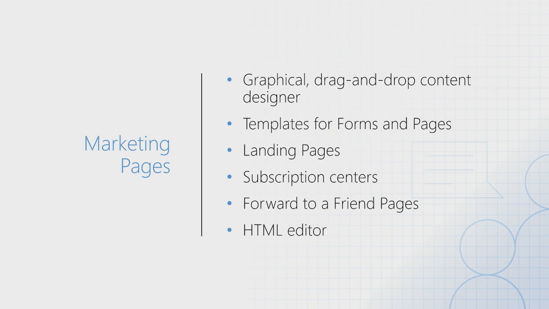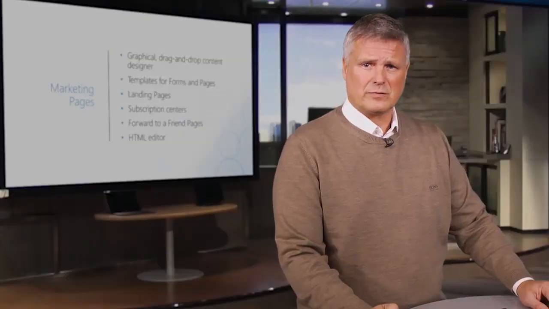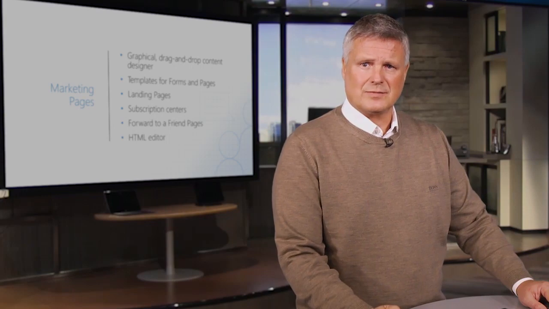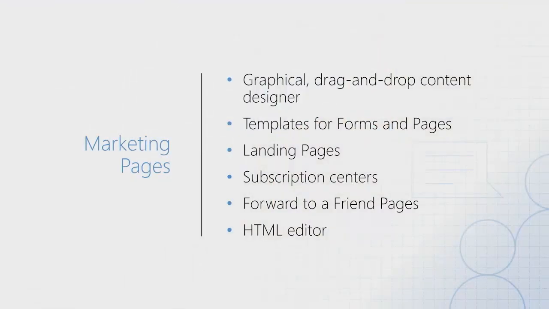There's also subscription centers, so you can expose the marketing lists or other lists that the recipient is part of for them to unsubscribe from, or you can offer them to be members of new lists. There's also forward to a friend pages, so we can keep track of if a recipient forwarded this email or landing page to someone else, and you can add them to your segment. And then there's the HTML editor in the marketing pages as well.